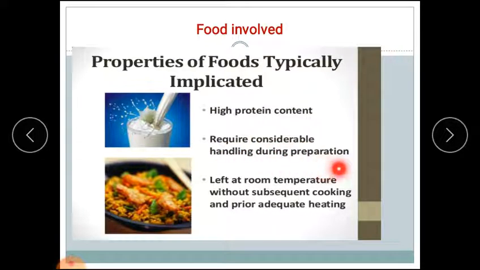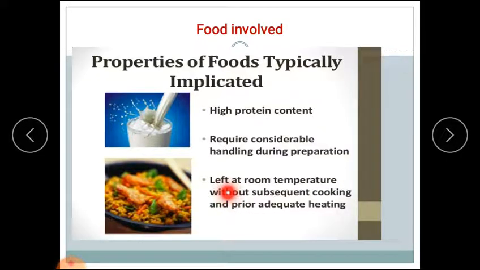So there may be chances that during preparation of any type of food, the organism present on your skin may come in contact with your food. So proper handling during preparation is very important. If proper handling is not there, that food also allows the involvement of the Staph aureus.